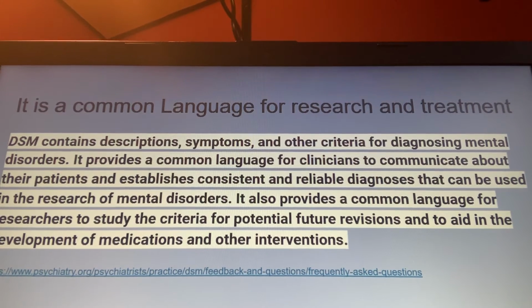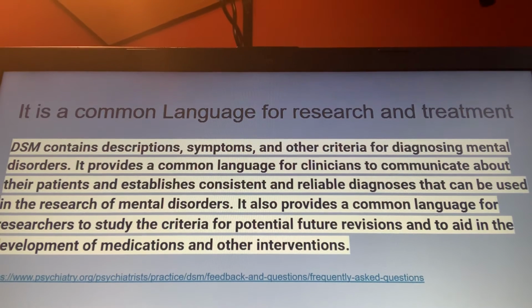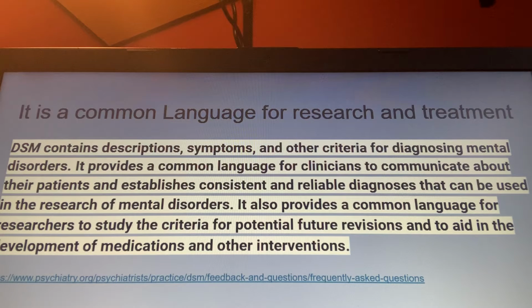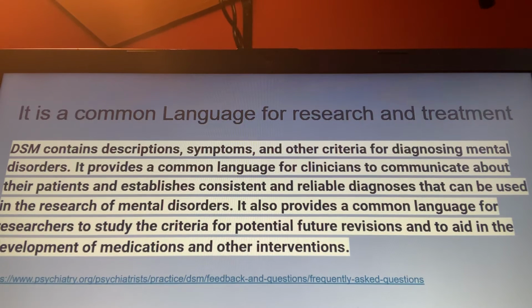It's also important so that when, for example, in our common language, we'll say, oh, I feel depressed. That is a description that we use all the time. The DSM provides a specific list of items, and says, in order to be clinically diagnosed as depressed, you must meet these criteria over this amount of time.